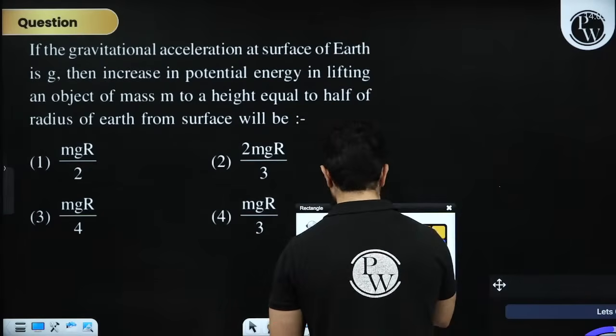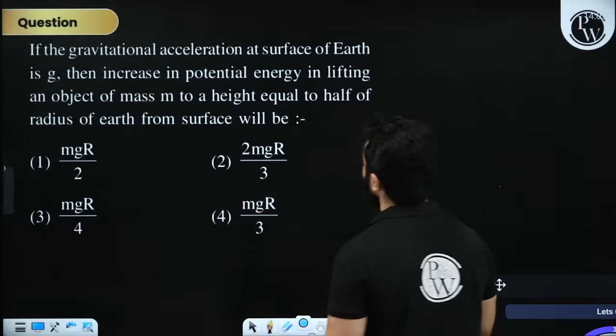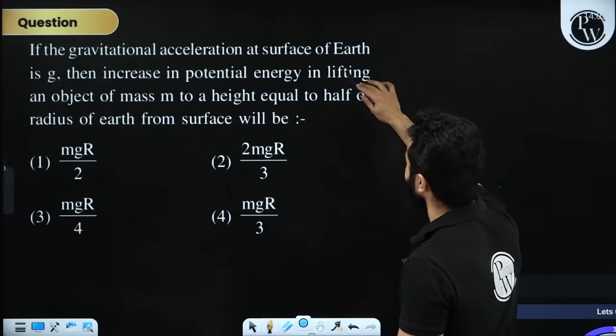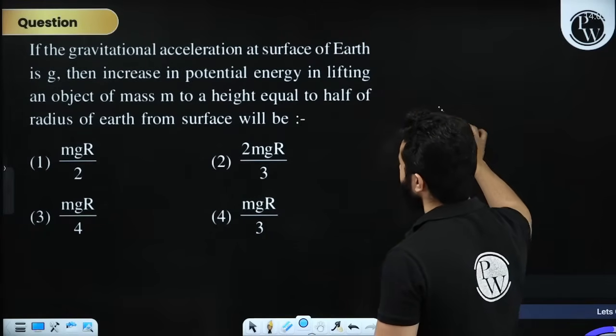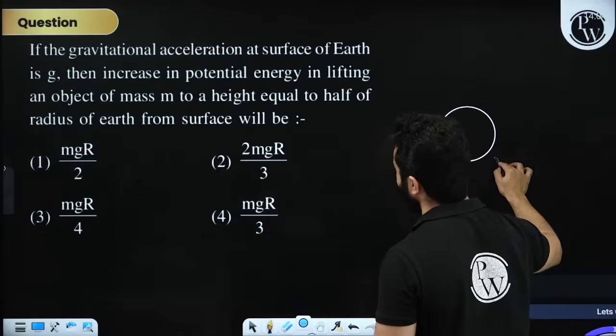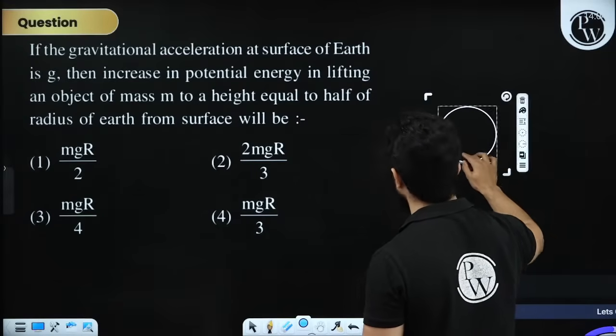They are saying the gravitational acceleration at the surface of Earth is g, then the increase in potential energy in lifting an object of mass m to a height equal to half of the radius from the surface.